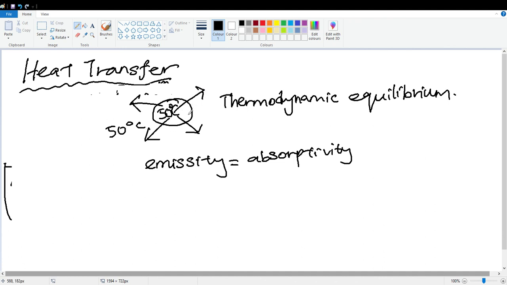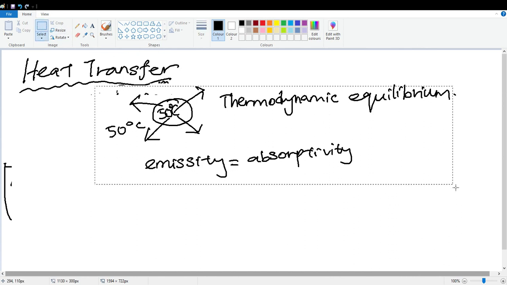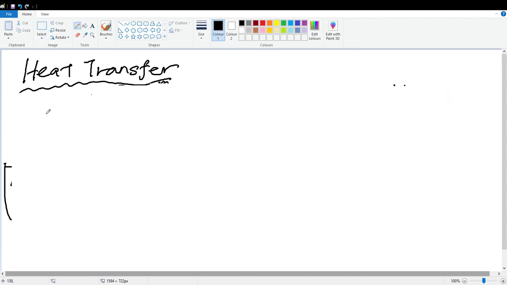So let me just erase this one. What if the body and the surroundings are not in thermodynamic equilibrium?